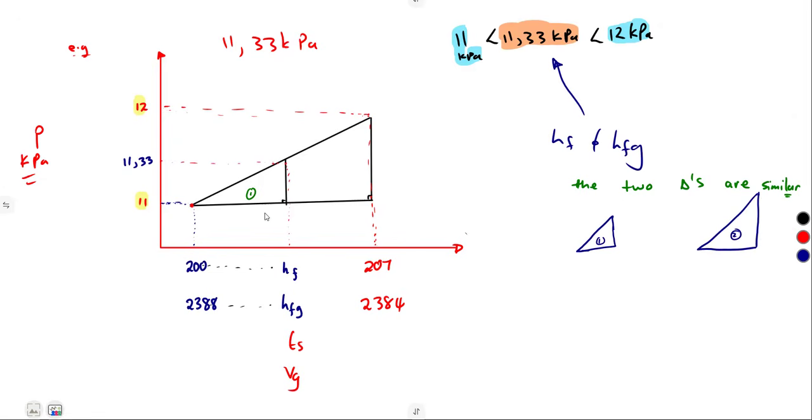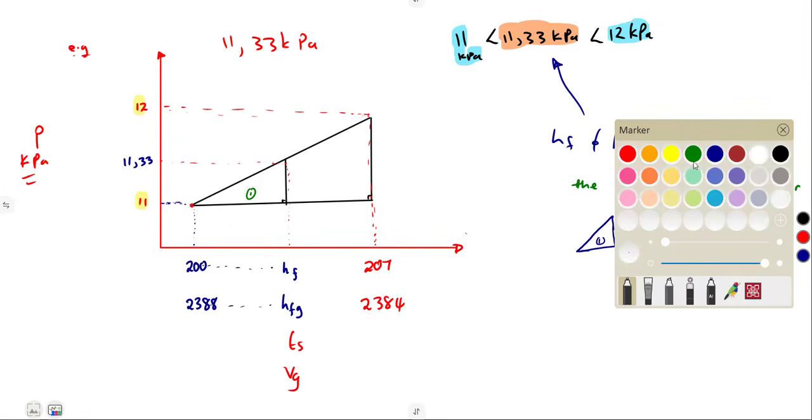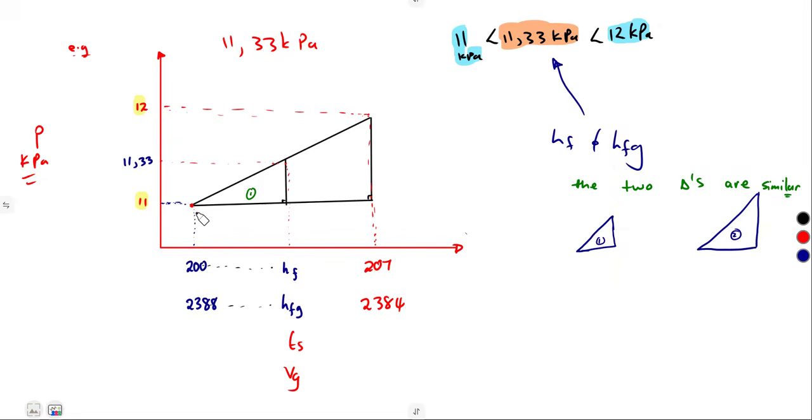On the smaller triangle, we take this horizontal side as your A, which is the difference between the HF at 11.3, the one that we do not know, and 200. That is our A. And this side is going to be your B, the difference between the pressures 11.33 and 11.